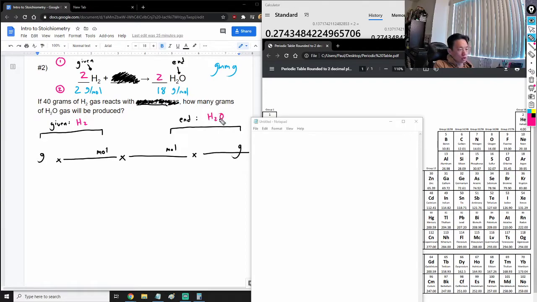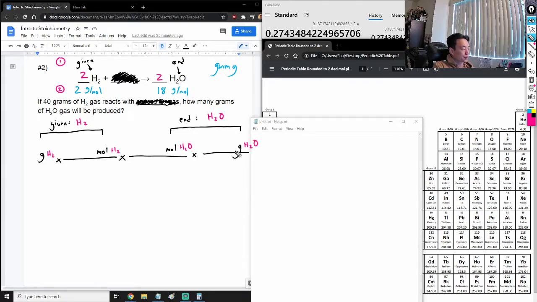So we can just plug those in. The tops of the first 2 fractions are going to be about H2, so grams of H2, moles of H2. And the end chemical is going to be for the third and the fourth. So H2O, grams of H2O. Okay, so we've set up most of our fraction already. We just need to plug in the bottoms and the numbers.